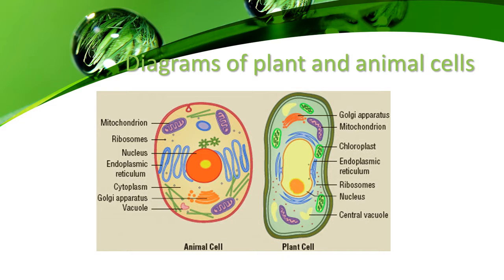There are many evident, or you can say obvious, differences you can notice. Now, we will discuss similarities as well as differences between plant and animal cells thoroughly in the next slides.